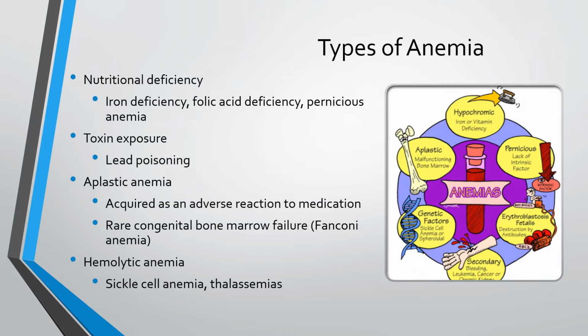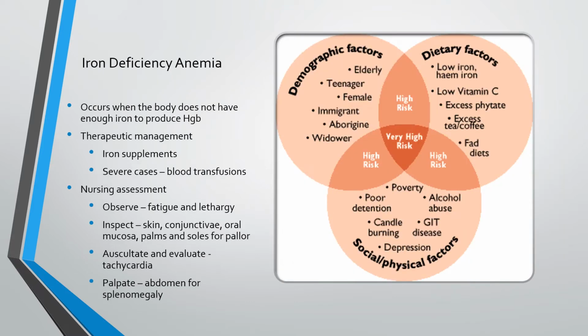Nutritional deficiencies that can cause anemia include iron deficiency, folic acid deficiency, and pernicious anemia. And we are going to focus on that iron deficiency. So when we look at iron deficiency anemia, this occurs when the body does not have enough iron to produce hemoglobin, usually from an inadequate supply of dietary iron.